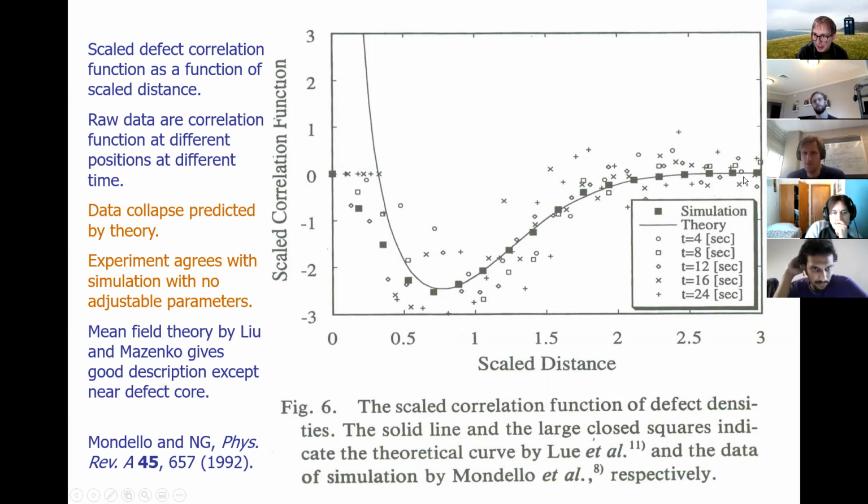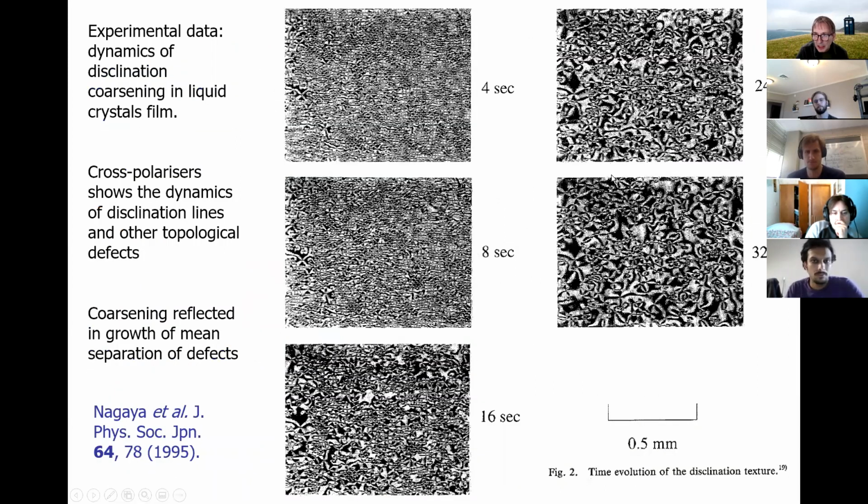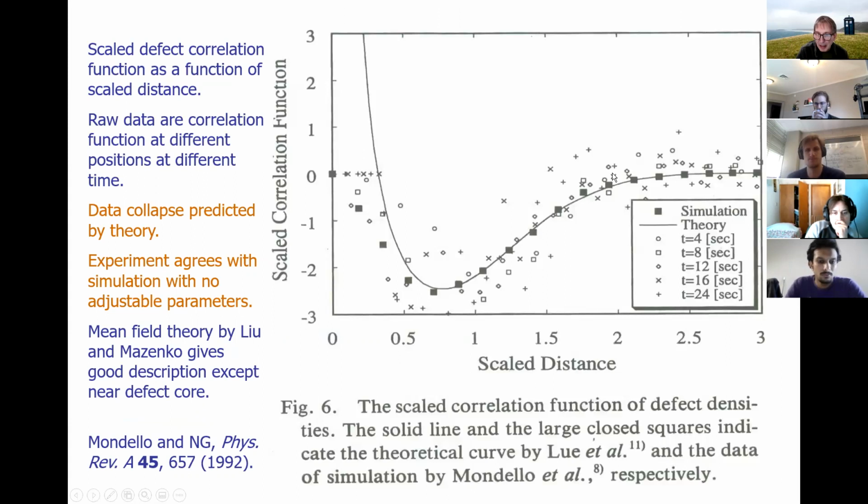So what you see here in the black squares is what we got, the universal curve we got from our simulations. The dots and squares and triangles and crosses and plus signs, those are the experimental data from these pictures digitized and plotted in the way that the theory predicts. And you can see that they fit within scatter very well the predictions of the computer simulation shown in black.